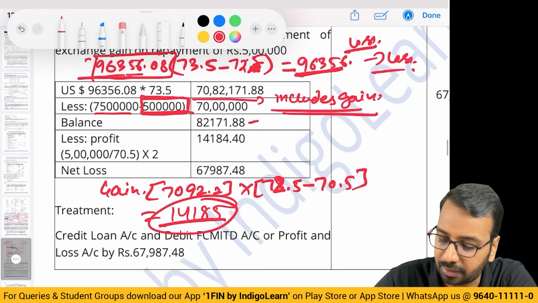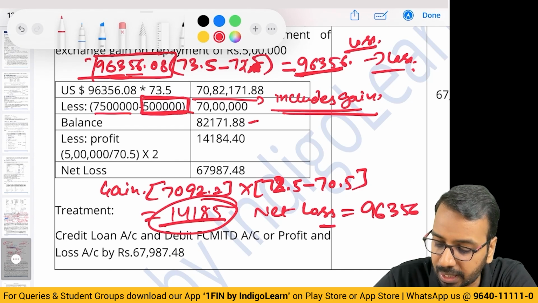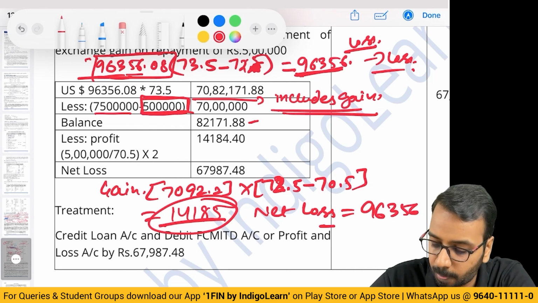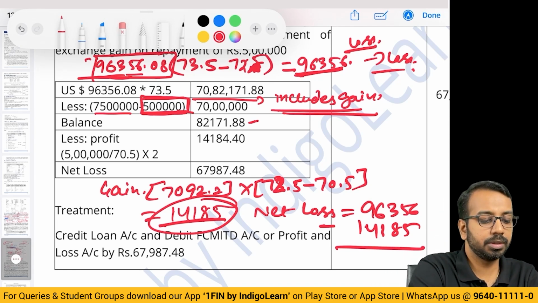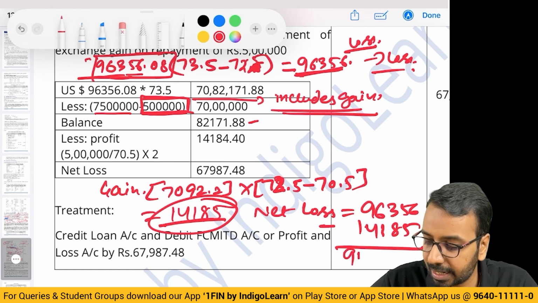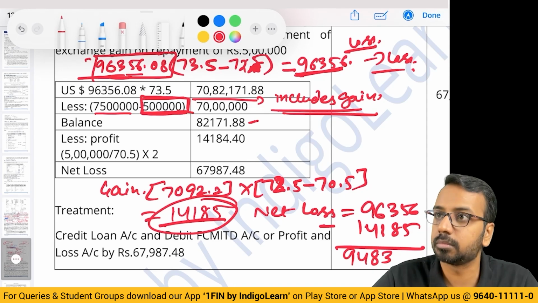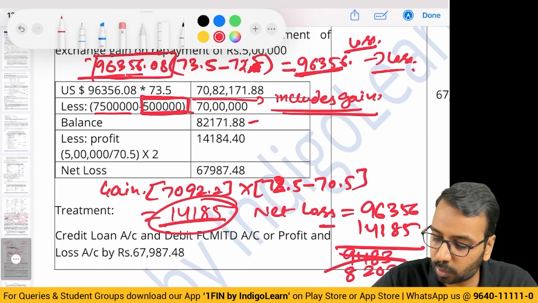Gain is 14,185. So net loss is equal to 96,356 minus 14,185. If we do, it is 94,830. Sorry, 82,071. This is the net loss.